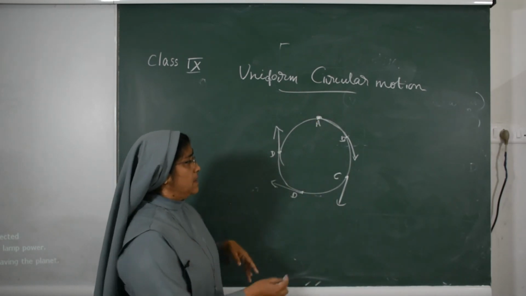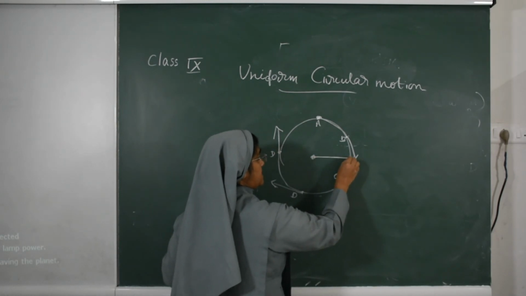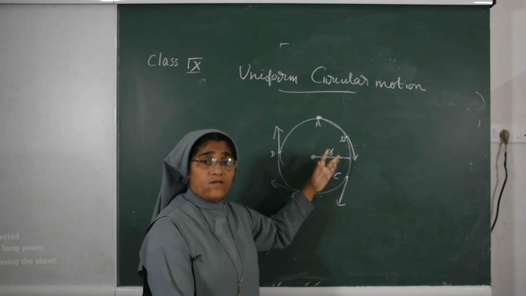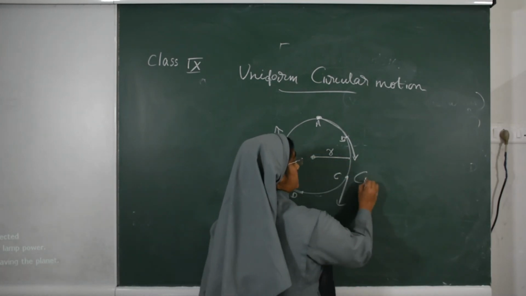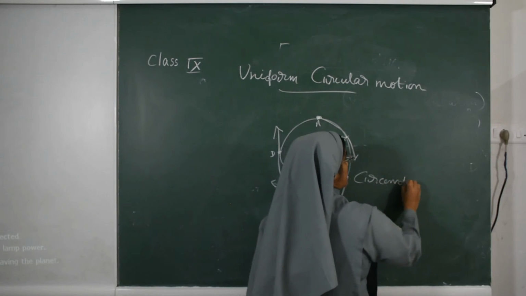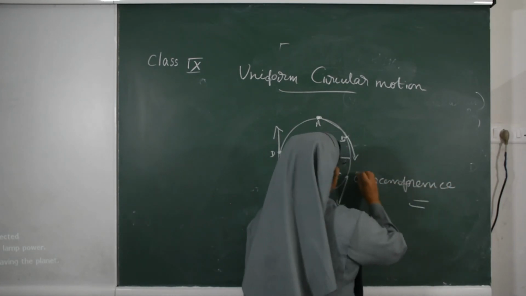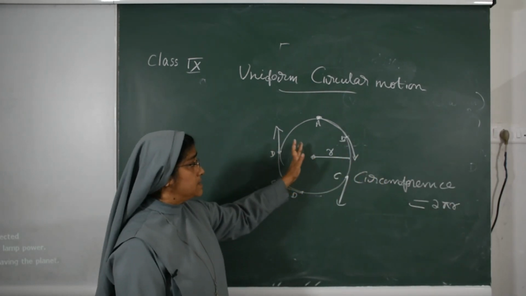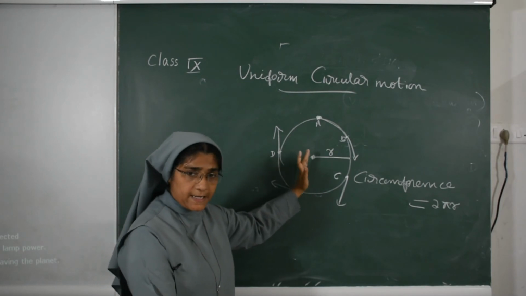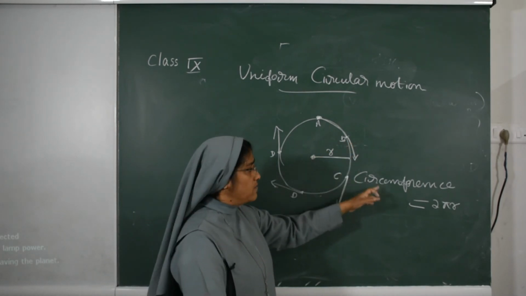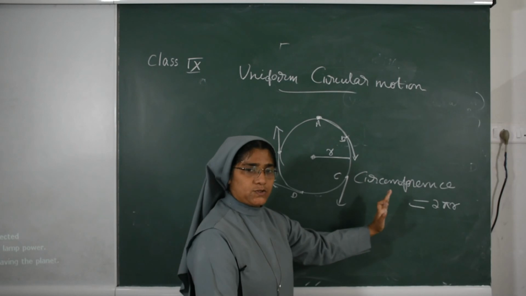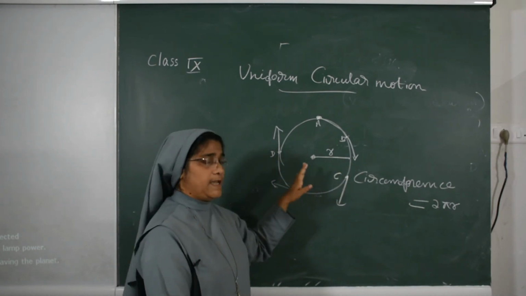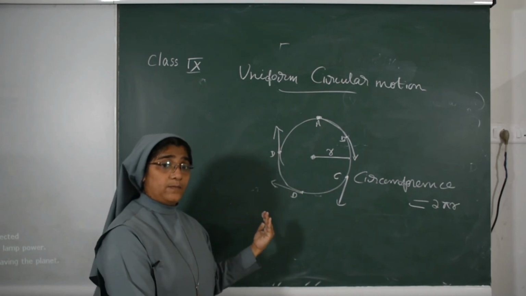Let the radius of the circle be r. If the radius of the circular path is r, what will be the circumference? The circumference is 2 pi r. So if the athlete completes one round in t seconds, what will be his speed?